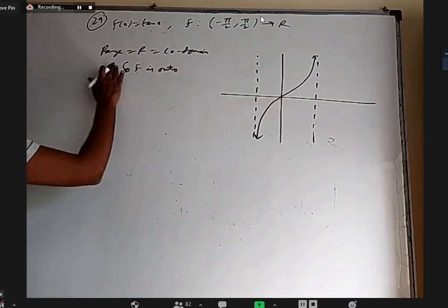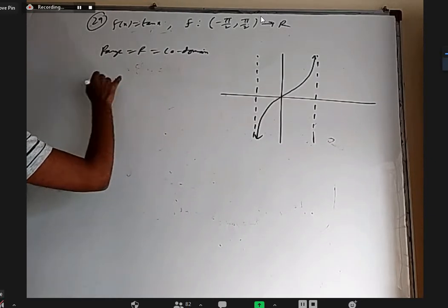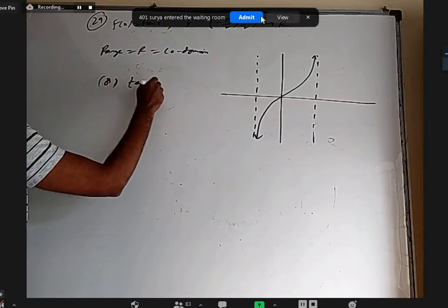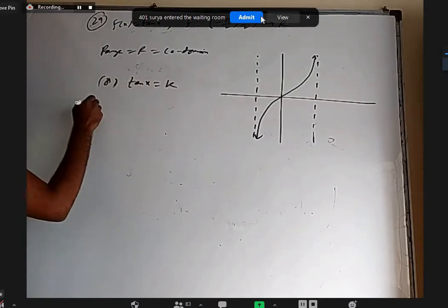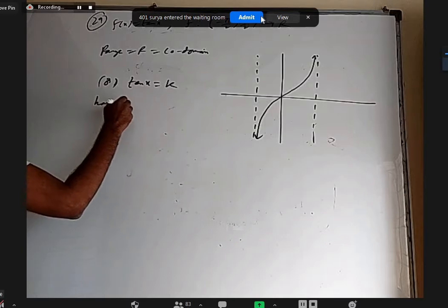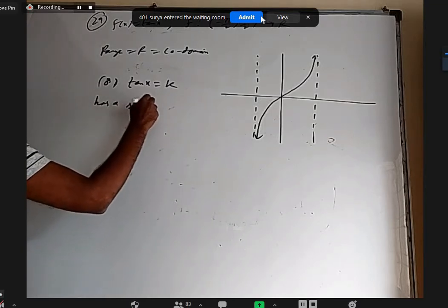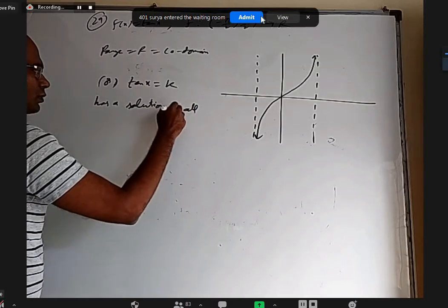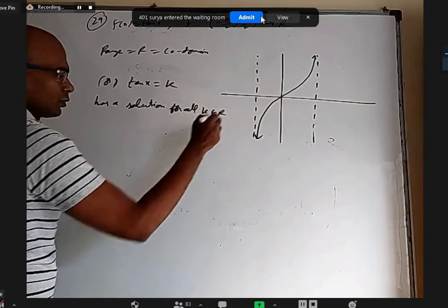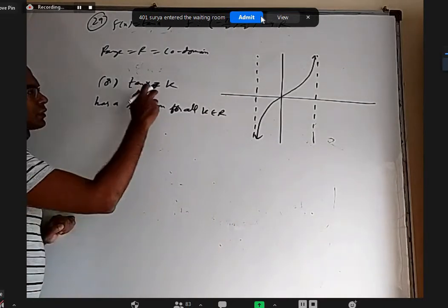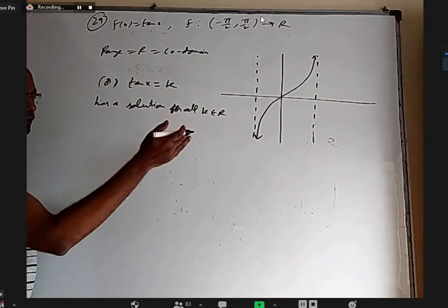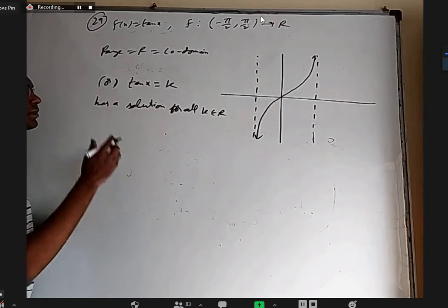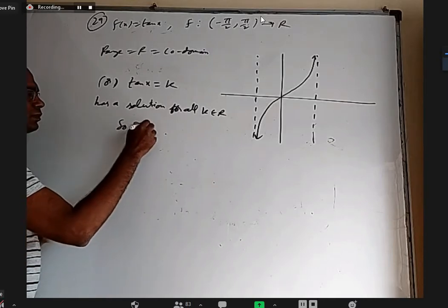Or you can say the same thing: tan x equal to K has a solution for all K belonging to R. Whatever K you take, tan x equal to K has a solution, so every number in the codomain has a pre-image. So f is onto.